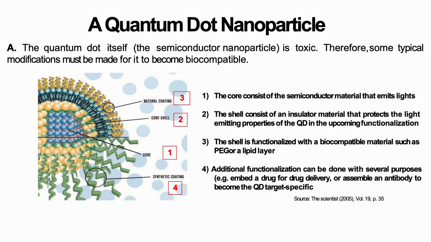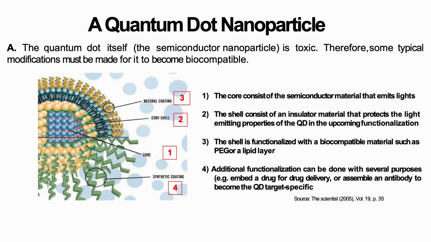The core consists of the semiconductor material that emits light. This is the quantum dot that we talk about. Then around that, and we can do this in a lab, there is a shell that consists of an insulator material that protects the light-emitting properties of the quantum dot in the upcoming functionalization.